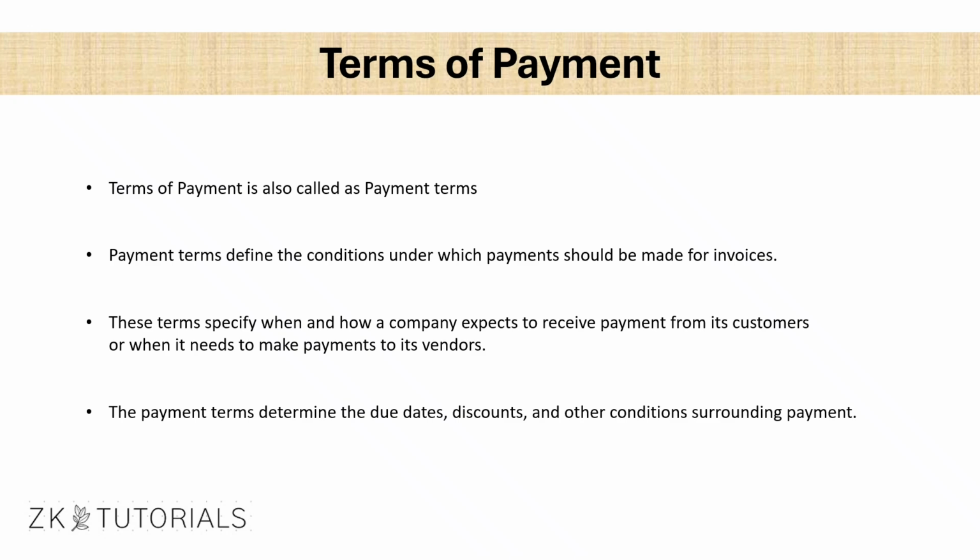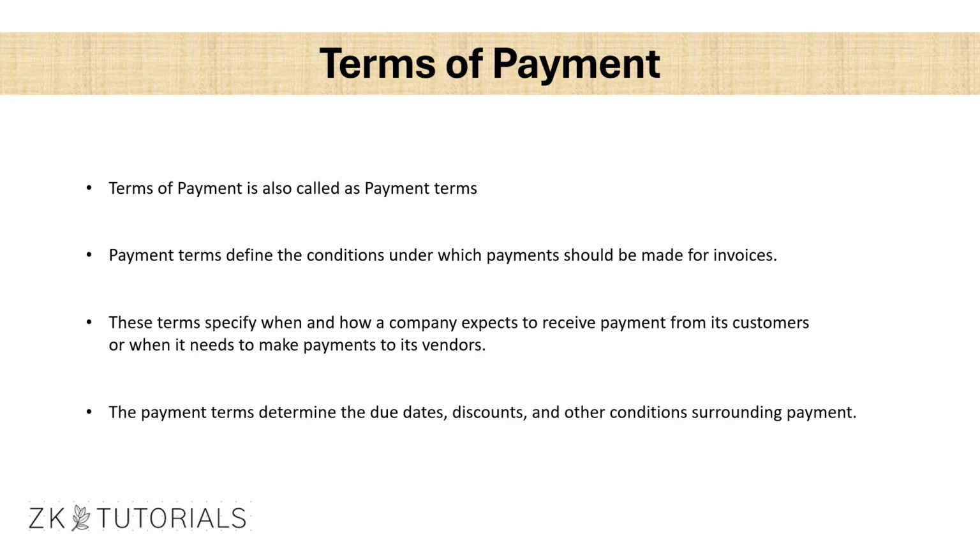So let's understand what trustworthiness is. Trustworthiness means we can trust the customer that we can receive the payment from him. The time period of the credit is called the credit period. That means whether we give the customer 60 days, 90 days or 30 days, this is called the credit period.